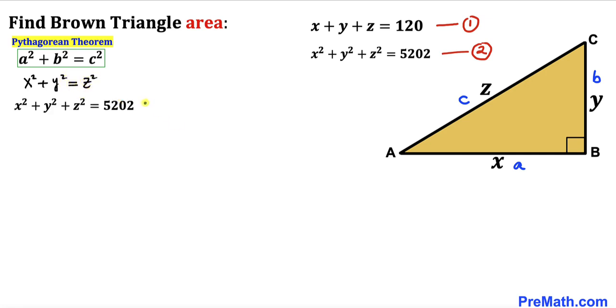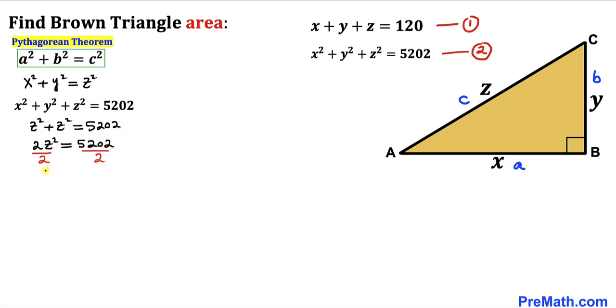Now let's focus on equation number 2: X square plus Y square plus Z square equals 5202. We know our X square plus Y square value is Z square, so I'm going to replace X square plus Y square by Z square. After substitution, this becomes Z square plus Z square equals 5202. Let's combine the like terms on the left hand side: 2Z square equals 5202.